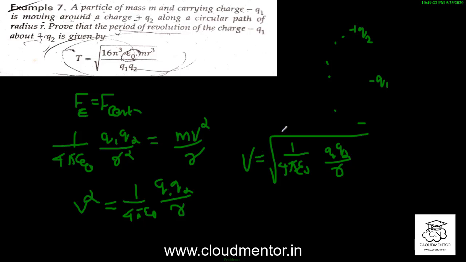What is the purpose of this v? We need to find the period of revolution, that is T. We have the equation T equal to 2 pi r by v. So we can directly apply this value.